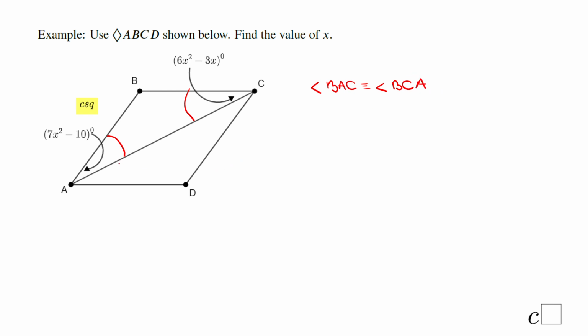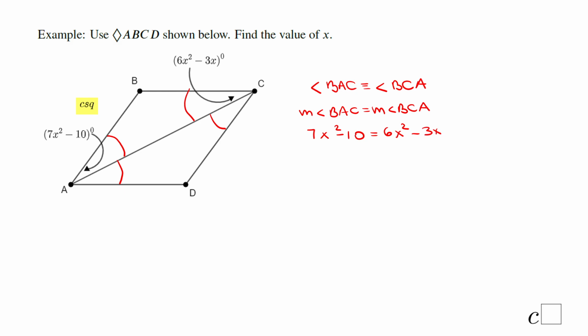So in fact also these two angles are congruent. And that means they have the same measure, which in our case means we replace the measures of these angles with the expressions, which are what? 7x squared minus 10 equals 6x squared minus 3x.